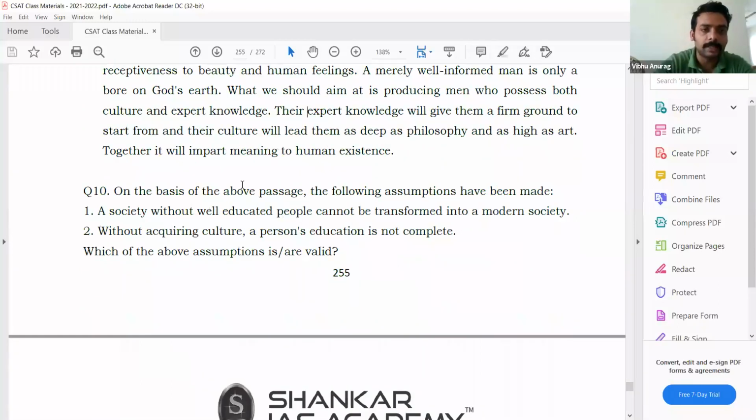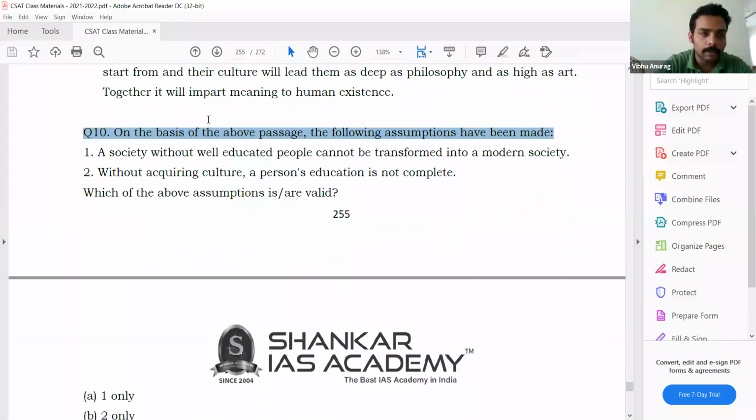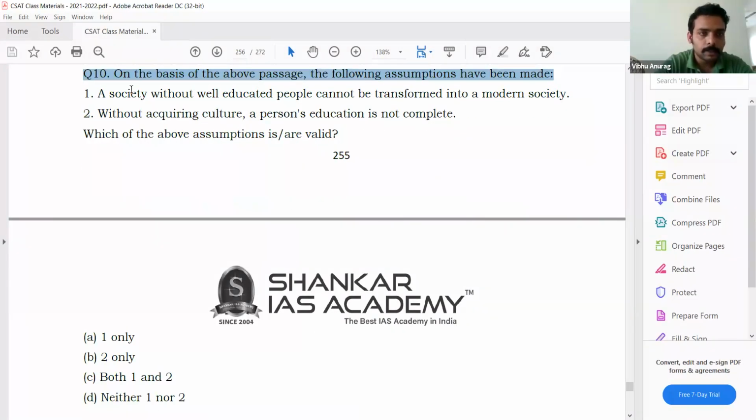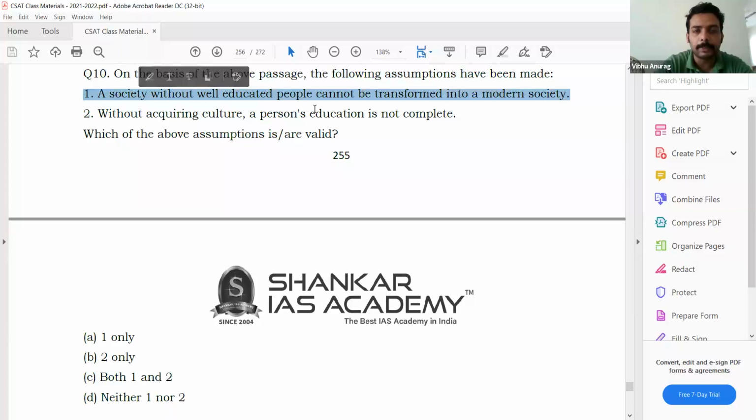The question is, on the basis of the above passage, the following assumptions have been made. Number one, a society without well-educated people cannot be transformed into a modern society. That would be an extreme statement.